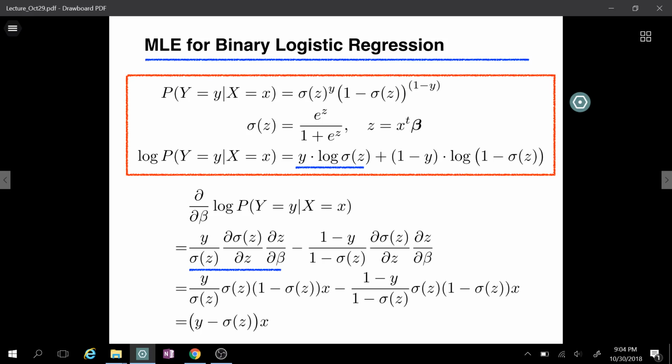Then we use the chain rule and take the derivative of sigma z with respect to z. That will be sigma z times 1 minus sigma z, as we just computed before. And the last step, we take the derivative of z with respect to beta, which basically is x. You wouldn't get x transpose because this derivative should be a vector p by 1, p the same as the dimension of x. So we need x here.